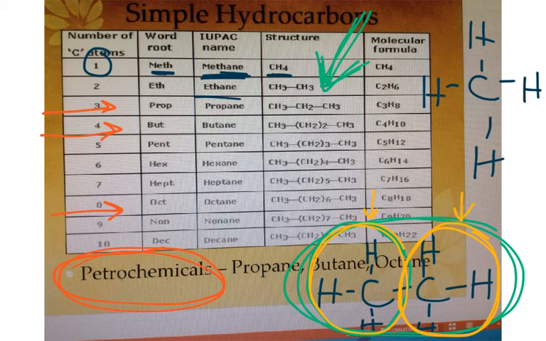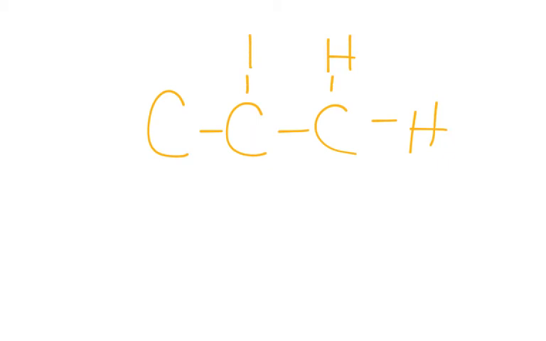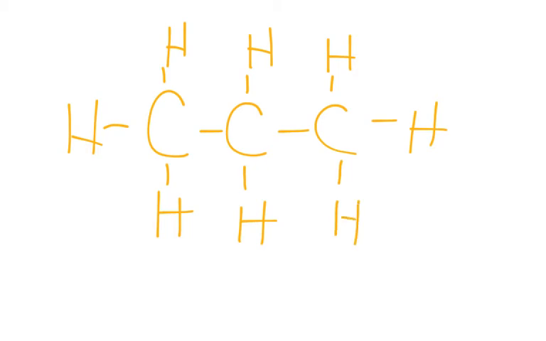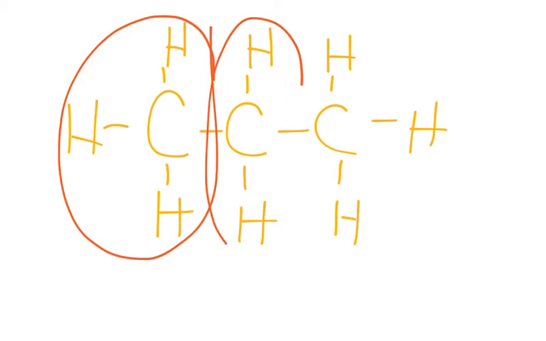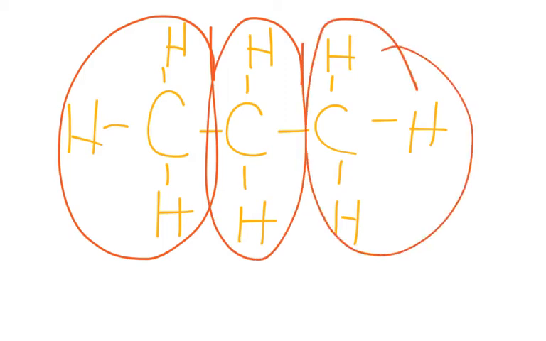As you get bigger, it's the same idea. If we look at propane, propane has got 3 carbons in a row. And again, in this case, everything is single bonded, so it's covered in hydrogens. Remember, we're just talking about hydrocarbons right now. So instead of writing this out every time, we look at the 3 different sections with carbon.